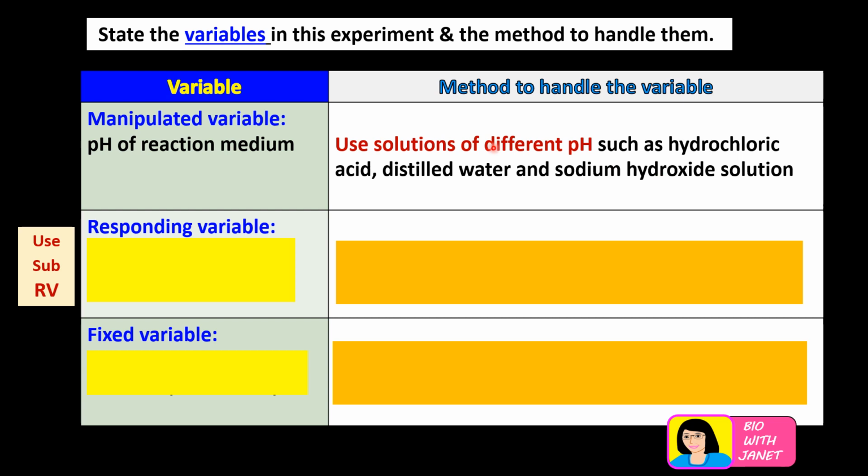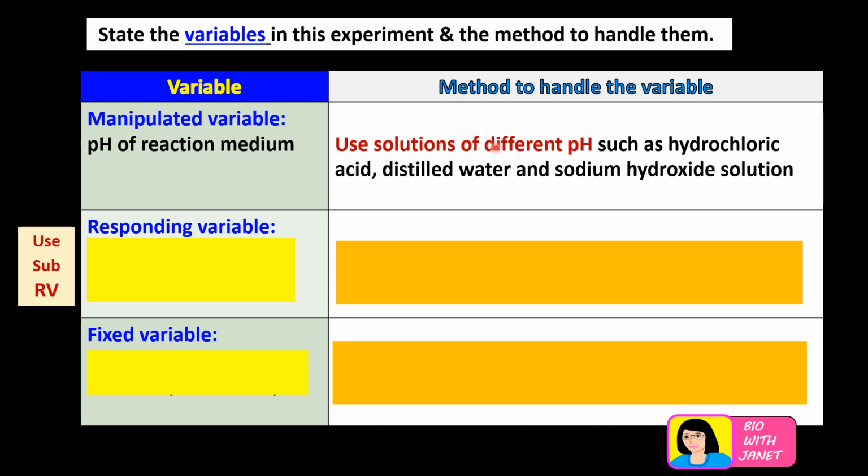Now, for some other experiments which use different pH, they will give you buffer solution, as written here, buffer solution. So buffer solution is a solution that has a specific pH. For example, buffer solution with pH 7, buffer solution with pH 2, buffer solution with pH 8, and so forth.